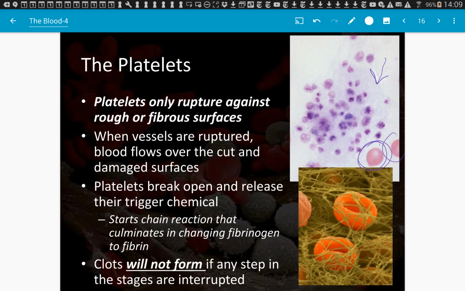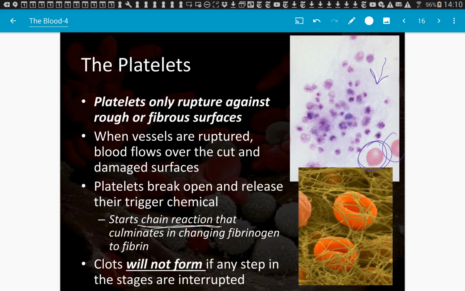Okay, and remember, it is a chain reaction that involves many different clotting factors. And we'll talk briefly about what happens when any one of those clotting factors is not functional. I wanted to talk about the disorder. There are many clotting factors, there's more than 8 of them.